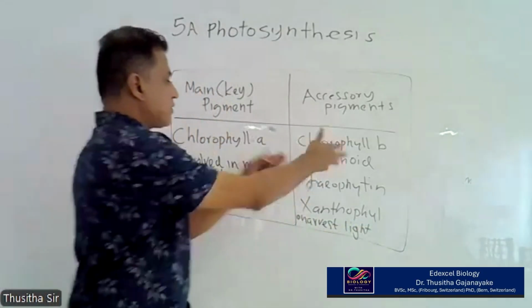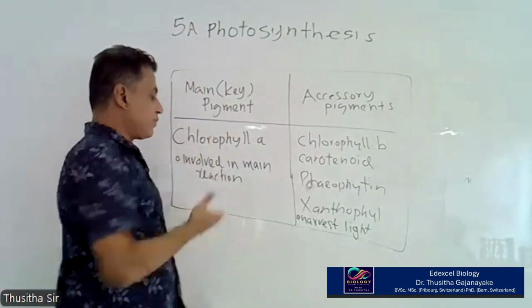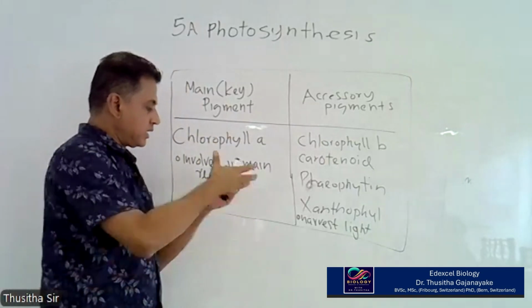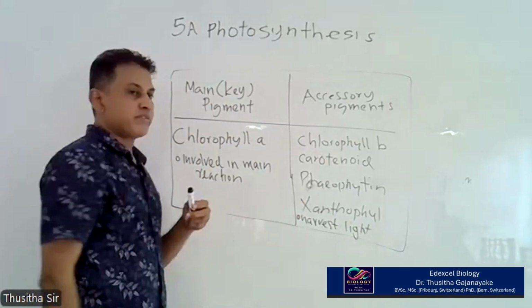The accessory pigments absorb and harvest the light. Chlorophyll A also absorbs the light, and then it goes to the main reaction.